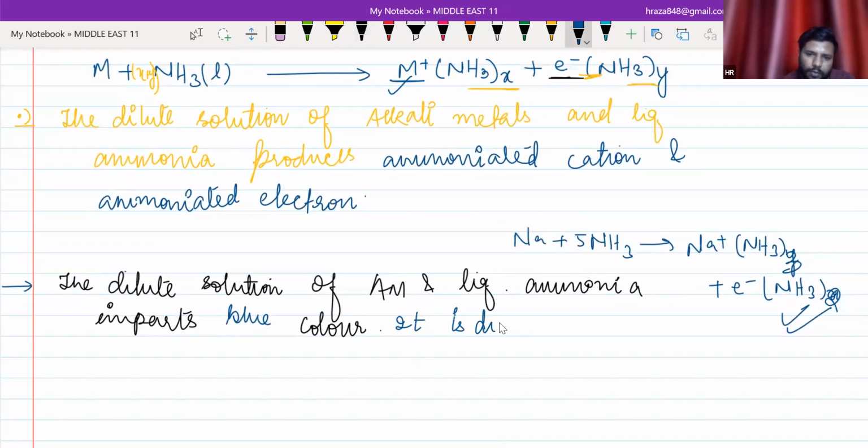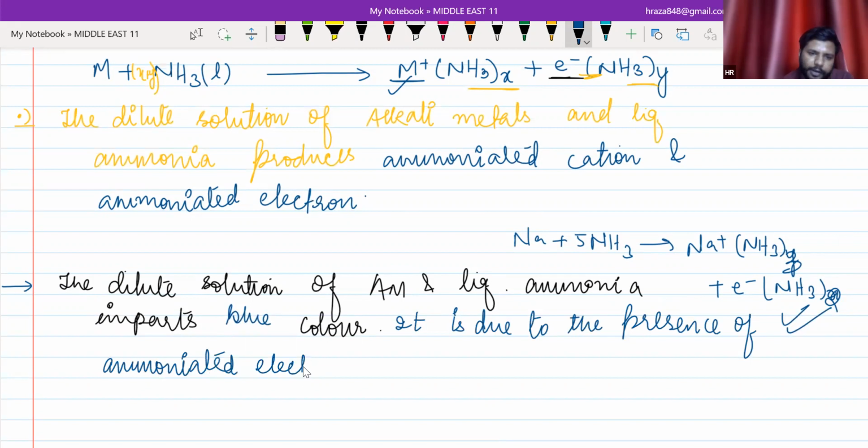It is due to the presence of the ammoniated electron.